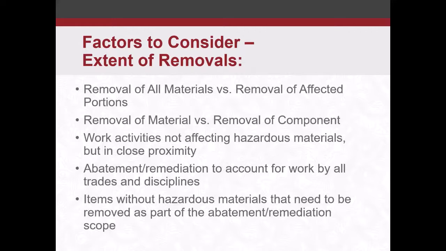Those are things to consider. And if you don't remove them, does it make sense to at least have the abatement contractor, if they're on site, put some poly over them, so in case someone does bump into them, it's not creating a bigger mess than if it just fell onto the floor, and it doesn't expose people? So whether you're removing or protecting it, those are things you should consider when working in close proximity to materials that might remain.